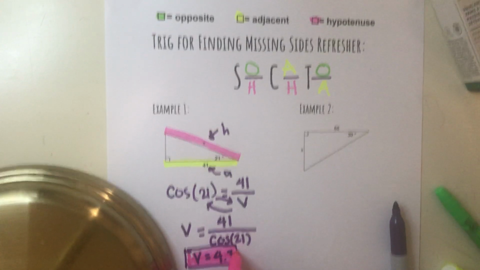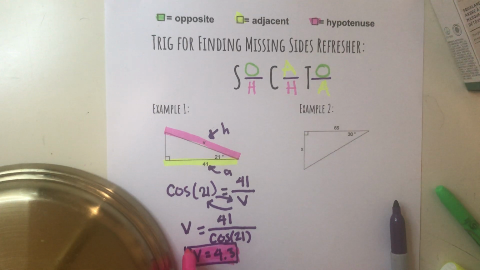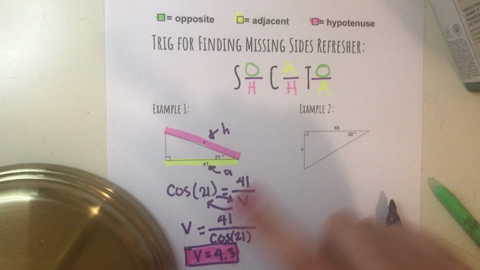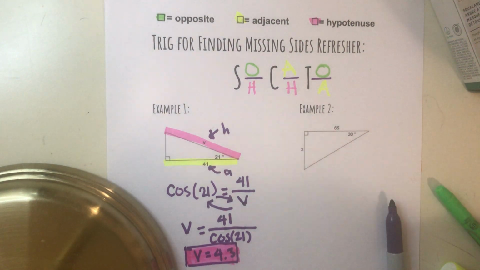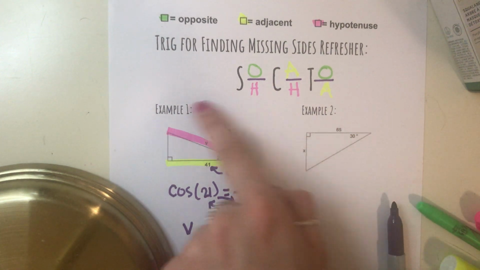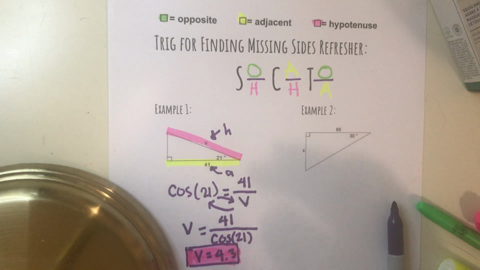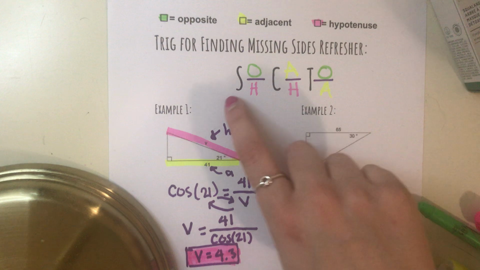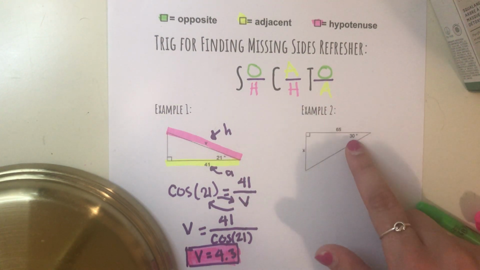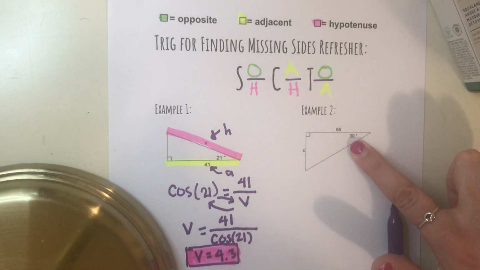Now, if you're following along with writing down these notes at home, I highly encourage you to color code. It's the way that I like to do these problems. So now we're going to go ahead and do example 2. Again, I'm going to use the same method of color coding my work before I start the problem. That helps me clearly see which ratio I should use. Looking at this one, my theta is 30 degrees.